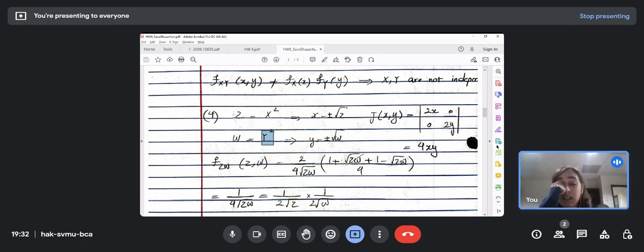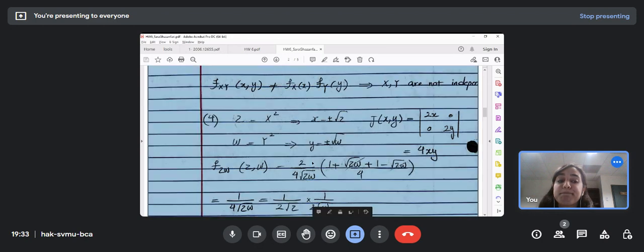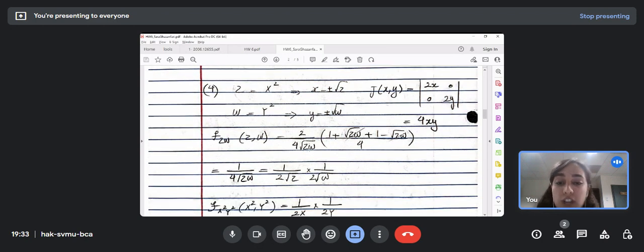And then we should calculate the partial derivative of w with respect to y, which gives us this matrix. And then we should calculate the determinant.